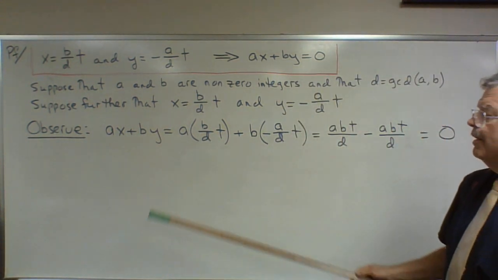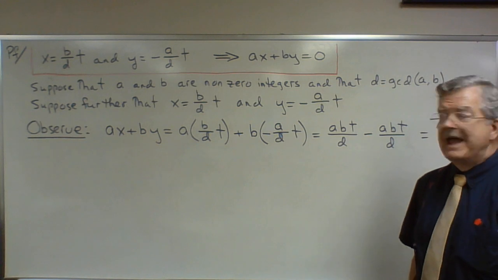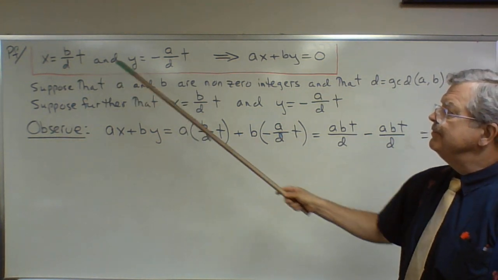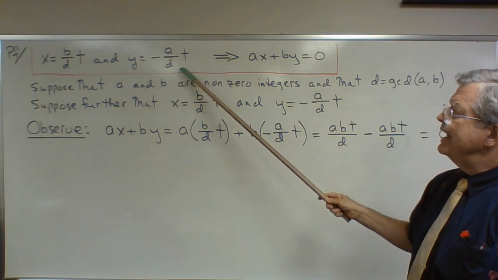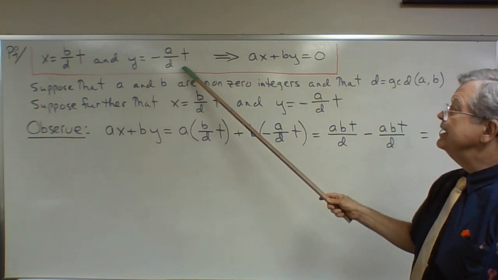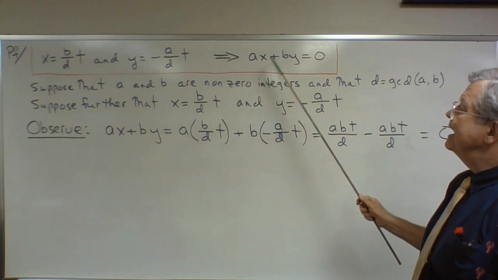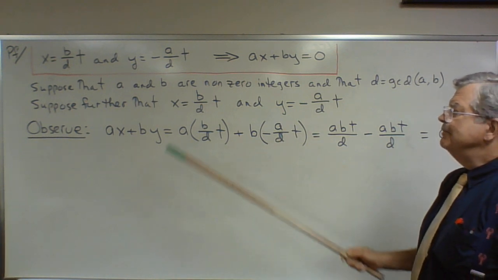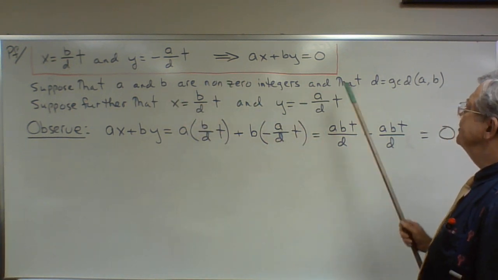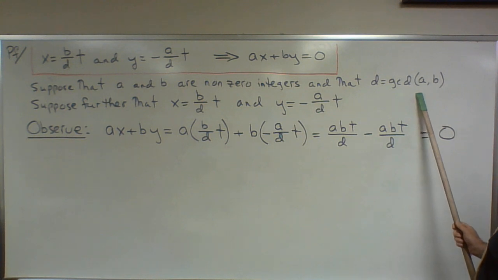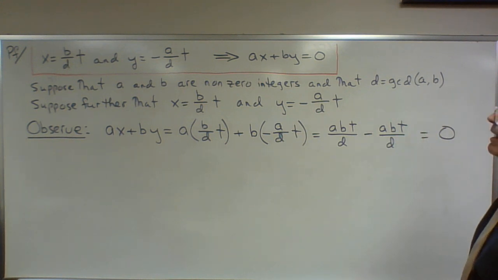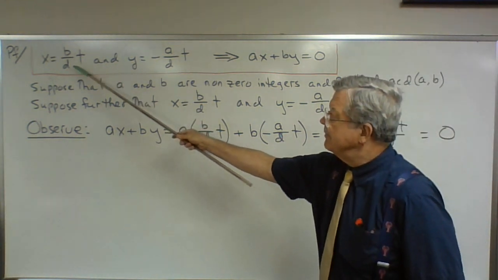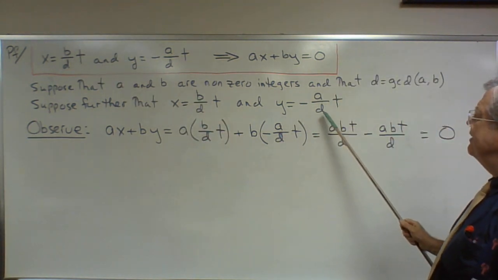Okay? One direction, this proof is a snap. x equals b over d times t and y equals negative a over d times t for some integer t implies that ax plus by equals 0. Suppose a and b are non-zero integers and that d is the greatest common divisor of a and b. Suppose further x is b over d times t and y is negative a over d times t.